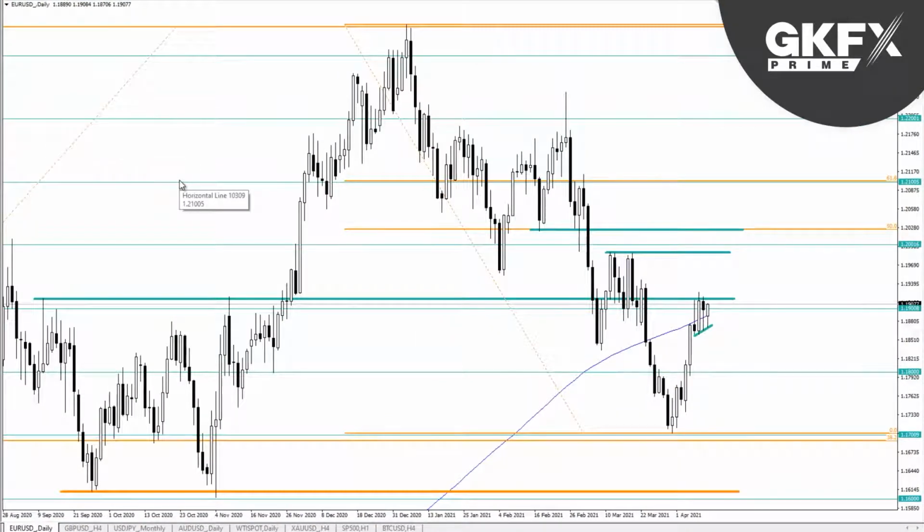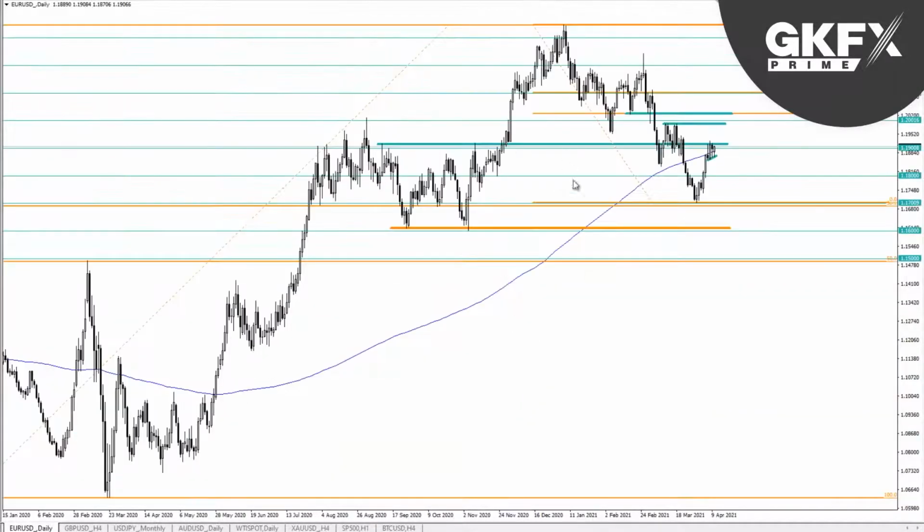Okay, so here's our euro chart. And actually we got this pretty right last week. It's not always as simple as this in trading, but we pinpointed the levels pretty well. If I just pull out the daily chart a little bit here, we talked about the 38% pullback level.